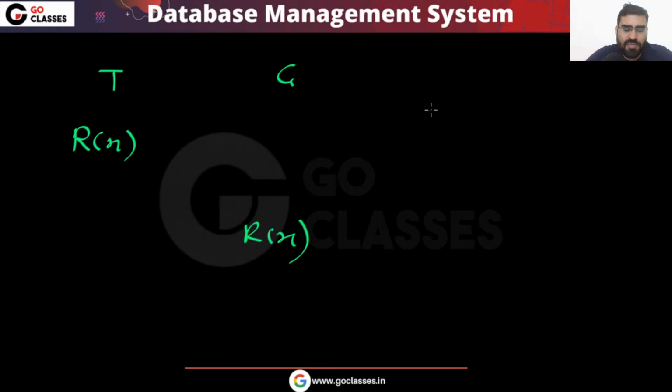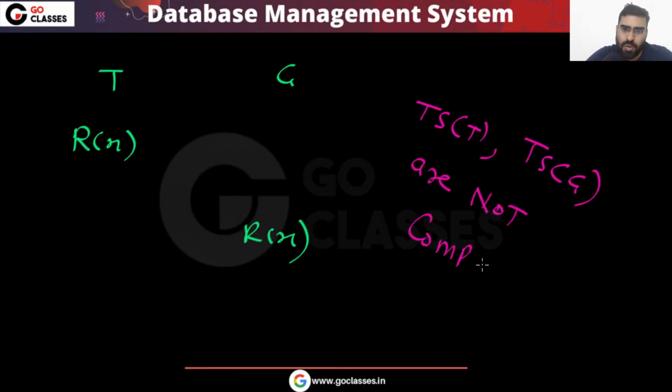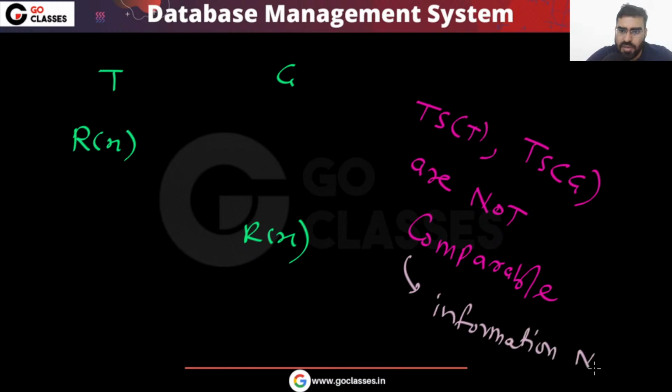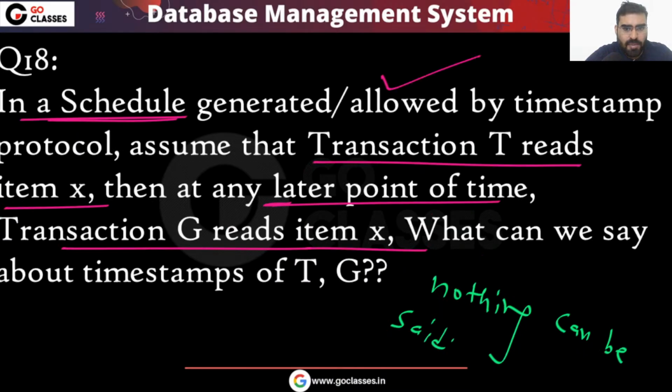I can say the timestamps of T and G are not comparable, or the information is not sufficient. We don't have sufficient information, so we cannot say anything about their timestamp.